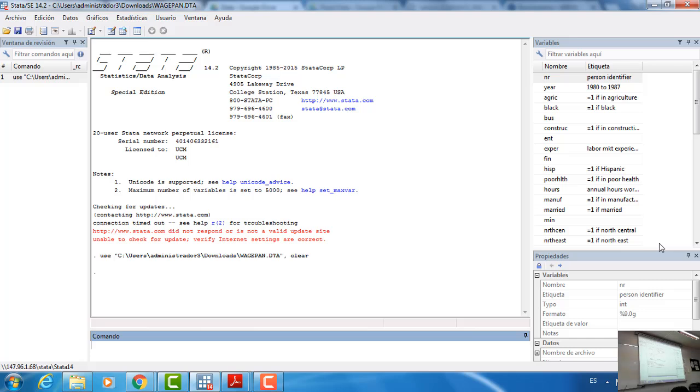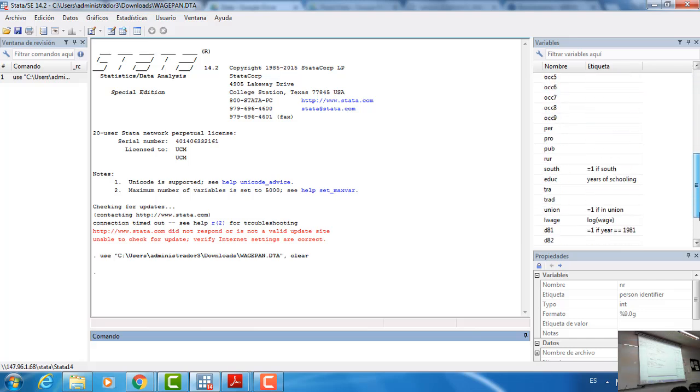Typically, we are looking at the hourly wage, and usually we use a logarithm transformation. So there is one variable called lwage, which is our dependent variable. So this one right here. This is our dependent variable.